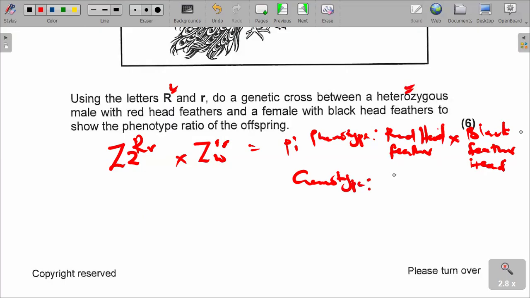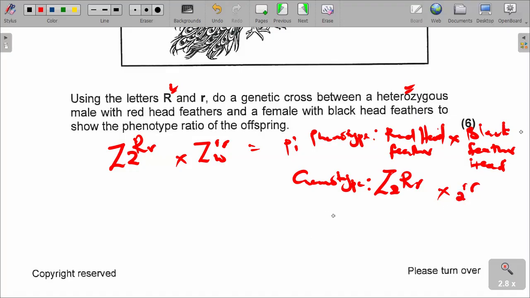Our genotype, we are going to have our Z. We have got our Z, which we have got RR is crossed with what? With the Z, we can say it's crossed with RR.